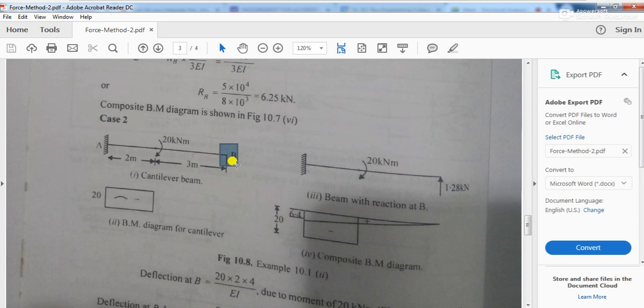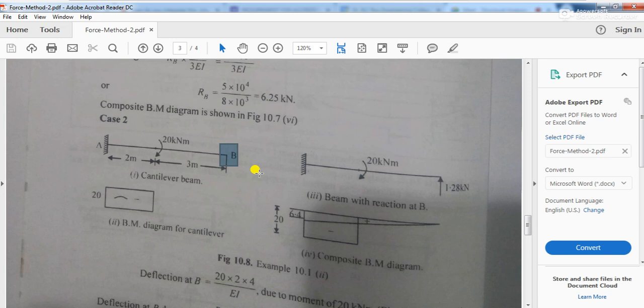So at the prop end there will not be any deflection. If there is no deflection at this prop end, then you can apply the compatibility condition at that point. So the total deflection at the point B equal to 0, that is the compatibility condition, and from that you should be able to get one equation.